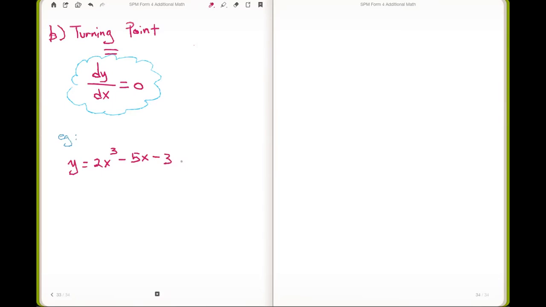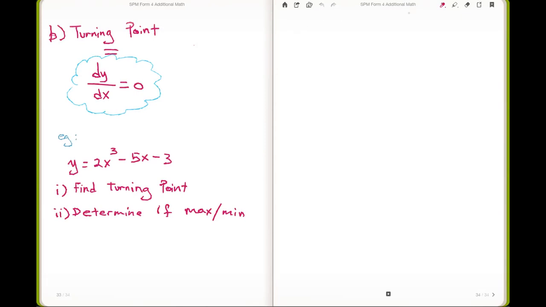You are asked to first, find the turning point, and then second, determine if it is maximum or minimum. It's quite often you get this kind of question. So let's solve the first problem.